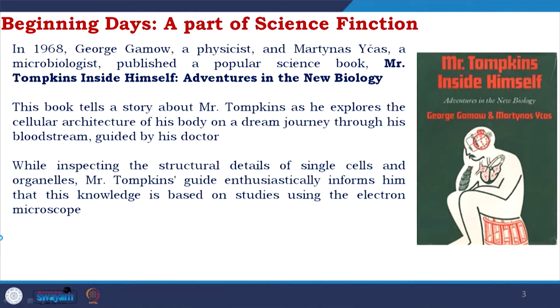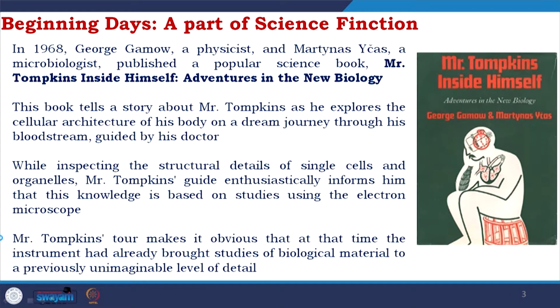But the more interesting thing, and more relevant to today's story, is that while inspecting the structural details of single cells and organelles, Mr. Tompkins' guide enthusiastically informs him that this knowledge is based on studies using the electron microscope.